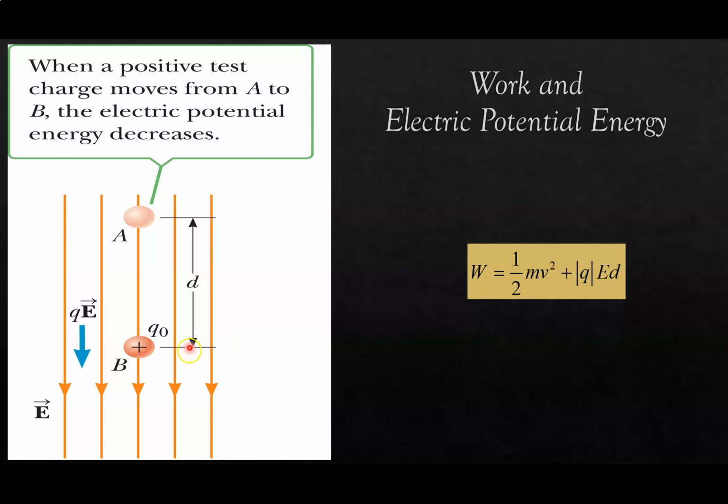Because both terms on the right hand side of the work energy equation are positive, there is no way of getting a negative charge from point A to point B without doing positive work on it. In fact, if the negative charge is simply released at point A, it will fall upwards, against the direction of the field. This is the equation.